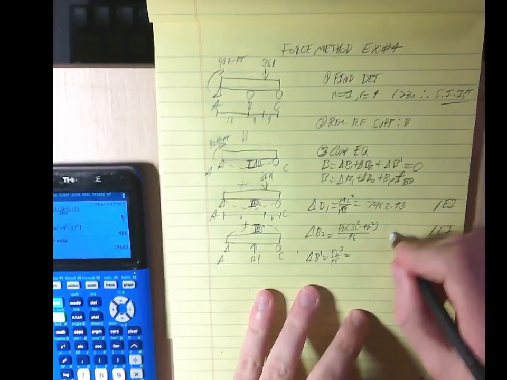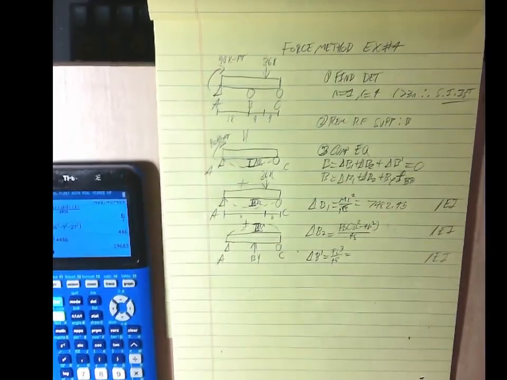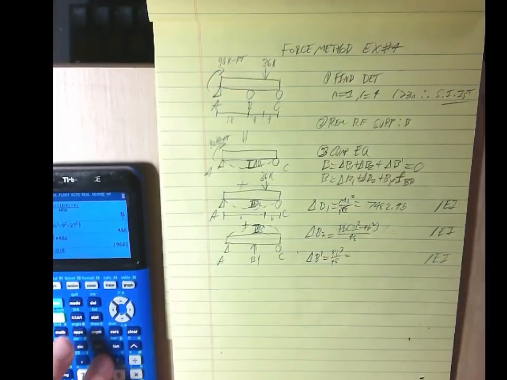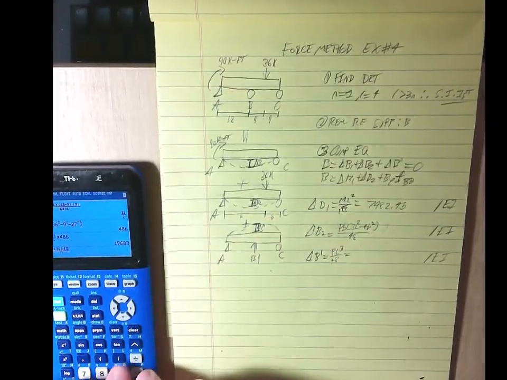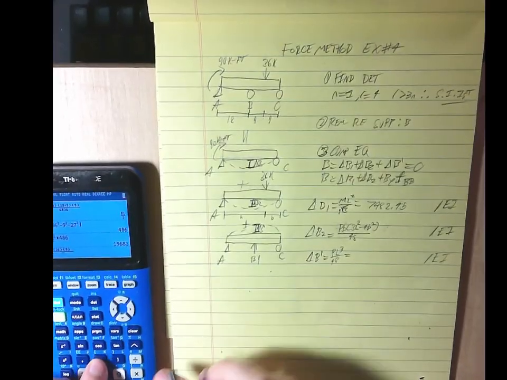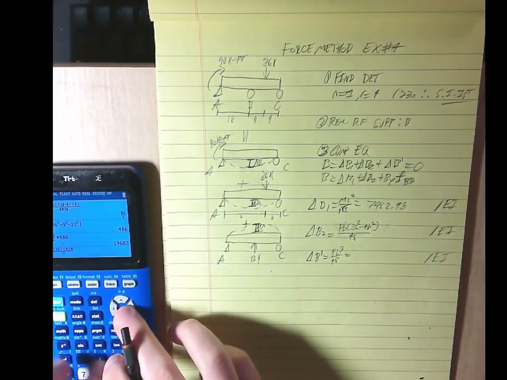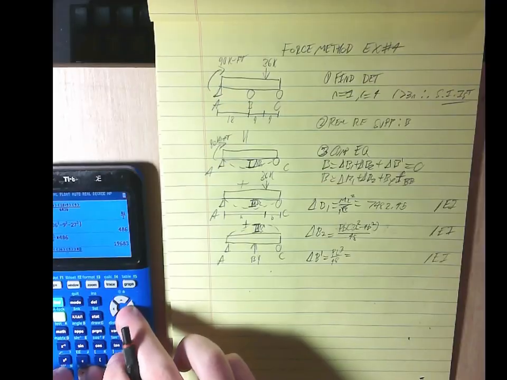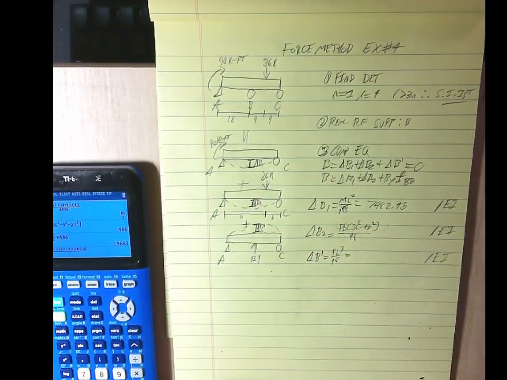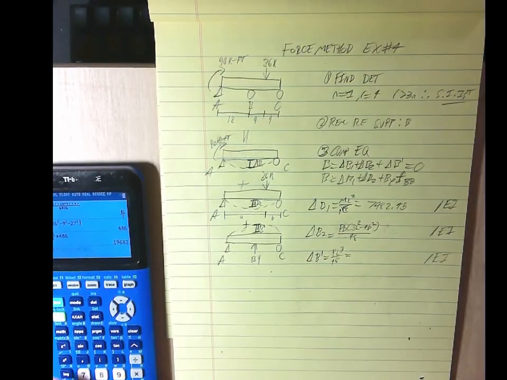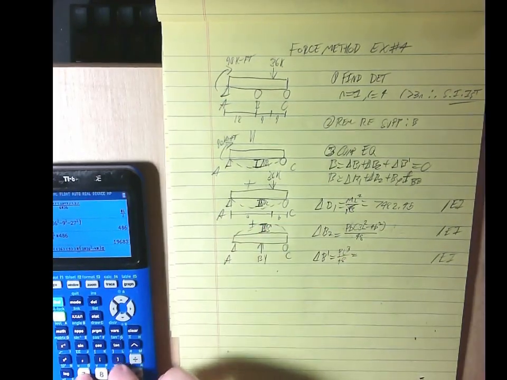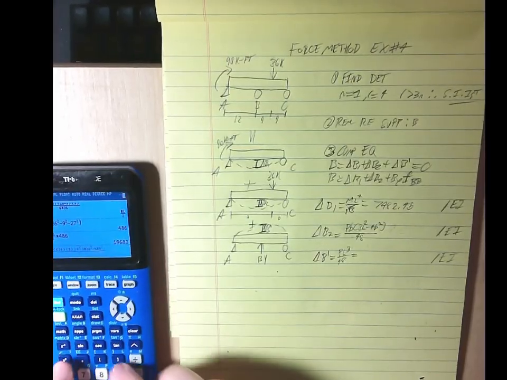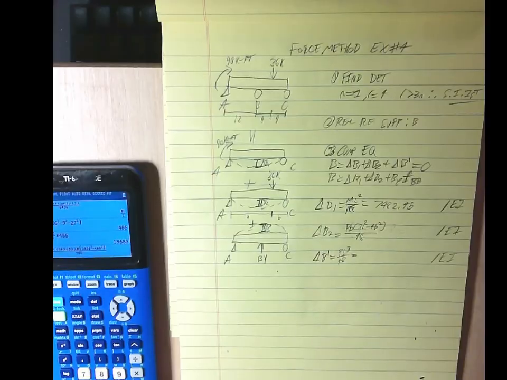So in this case now, it's going to be 36 times B, which is 9, times 3 times 36 squared minus 4 times 9 squared over 48.